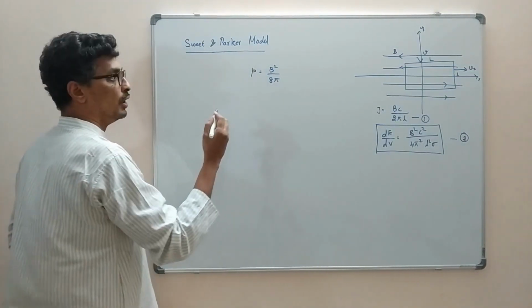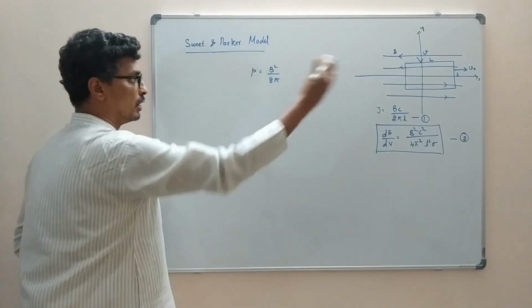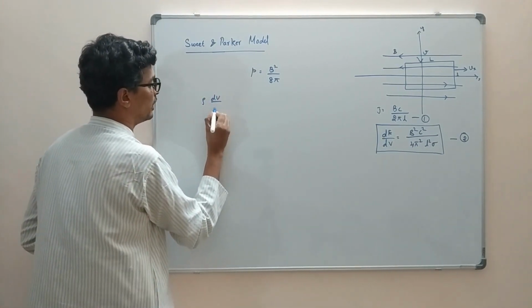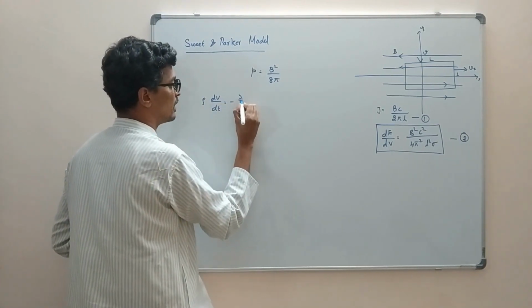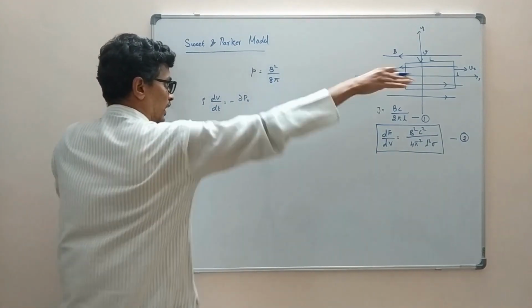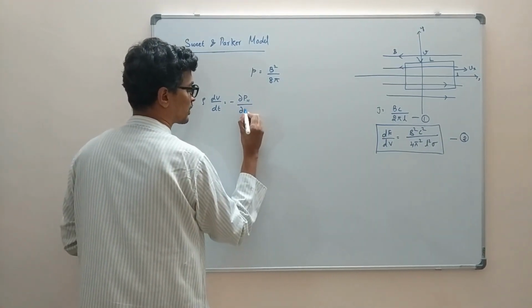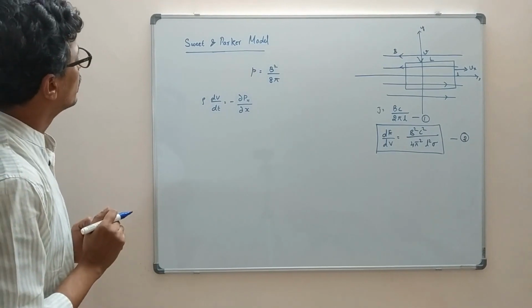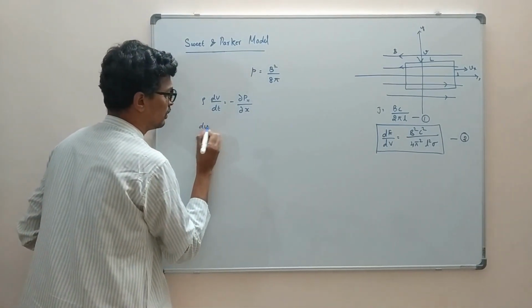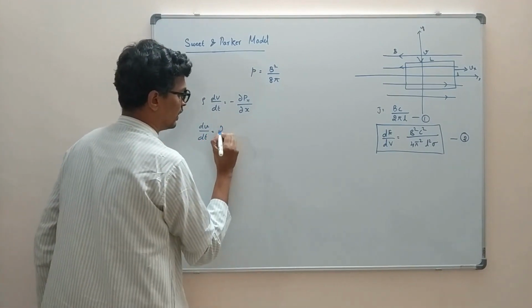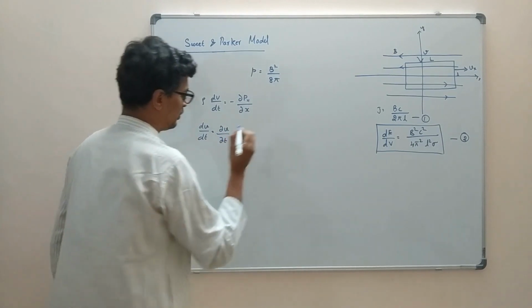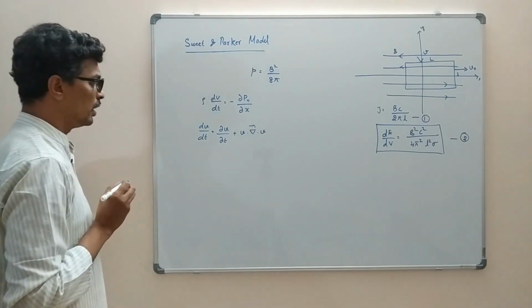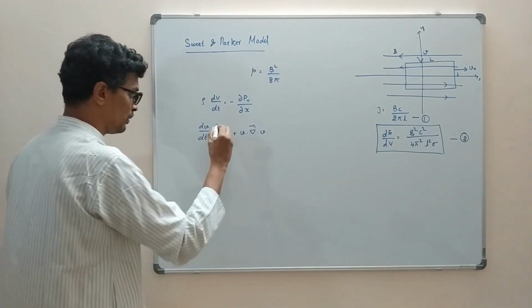So let us try to see that. If we try to write the equation of motion in the neutral sheet, what you will get is rho dV by dt will be equal to minus del p by del x, because you only have the particle flow along the x-axis. Now we know dV by dt is equal to del V by del t plus V dot del V. Since we are dealing with a steady state, the velocity won't change with time, so this becomes 0.